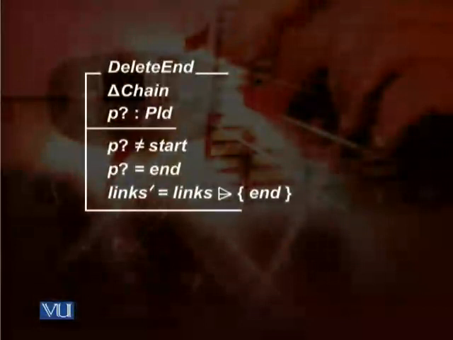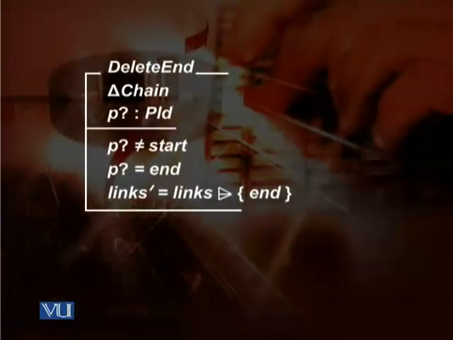Now let us look at the second scenario, that is deleting from the end. This delete end updates chain. The input is a P, which is a PID. This is not equal to start, and this P, that is the ID for the process that we have given as input, is equal to end. So these are the preconditions.